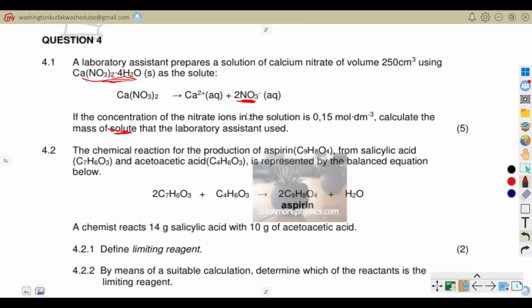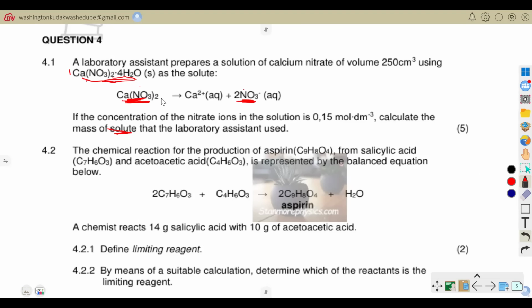We end up here by relating the amount of nitrate ions that you are going to produce out of this calcium nitrate. So this represents our solute in solution. If I use the mole ratio of this as well as for that, I can end up having the mole ratio of that, because this hydrated calcium nitrate is in a mole ratio of 1:1 with this calcium nitrate in solution.